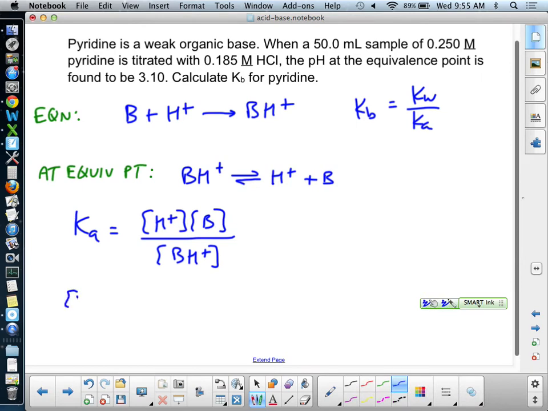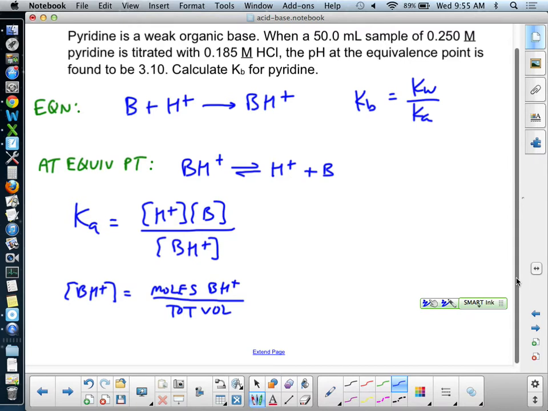So the concentration of the conjugate acid is simply going to be moles of BH plus over total volume. The total volume is going to include the volume of the base we started with plus the volume of acid we needed in order to completely titrate it. So let's go ahead and calculate that quantity.